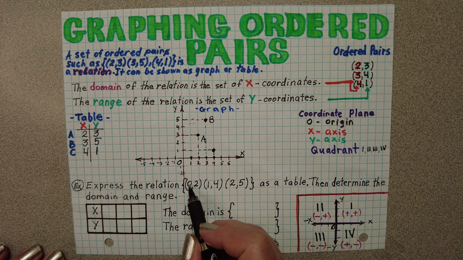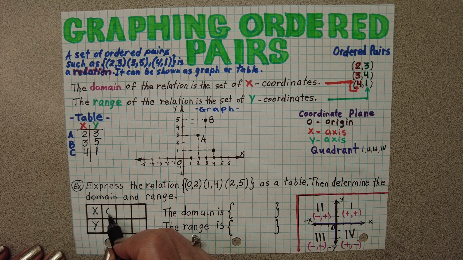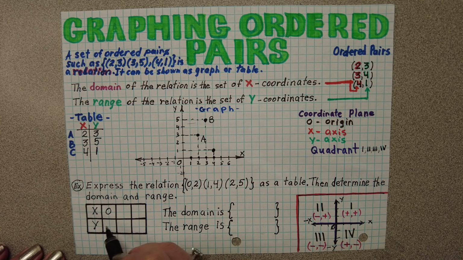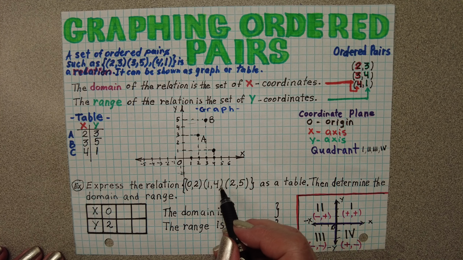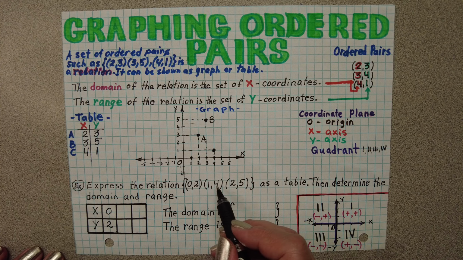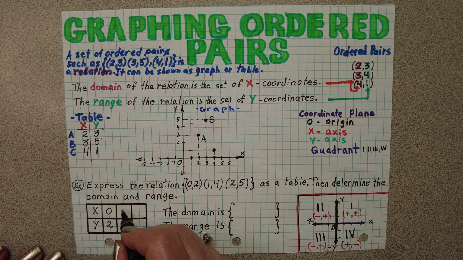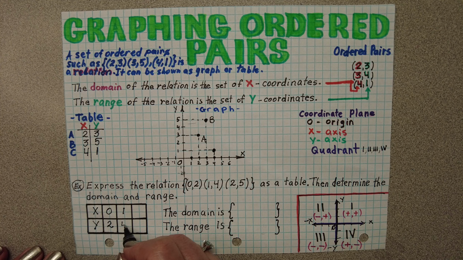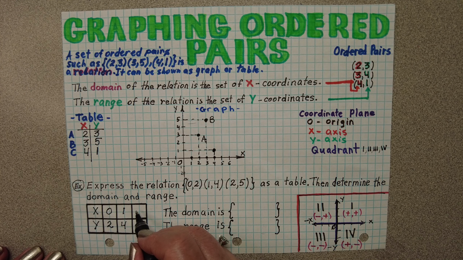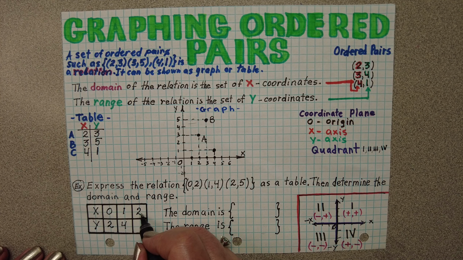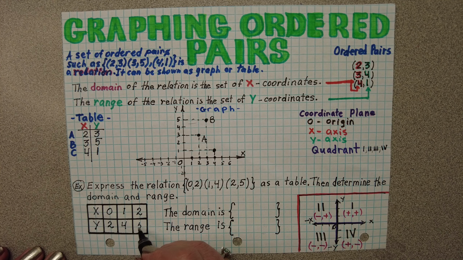Then we're gonna put x first. When x is 0, y is 2. So in this case, our domain is 0, our range is 2. Then we have another ordered pair. X is 1, y is 4. So it will be like this, 1 and 4. And the last one, first one is x, our domain. Domain is 2 and our range is 5.